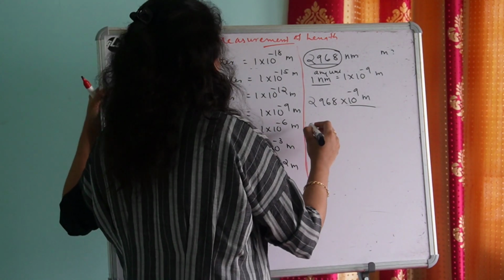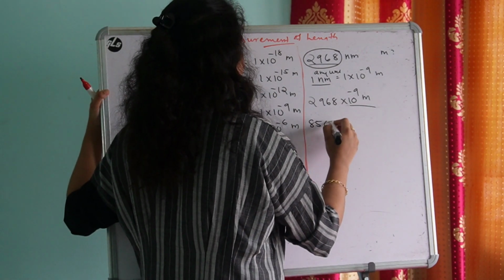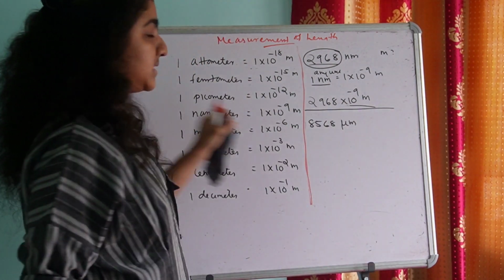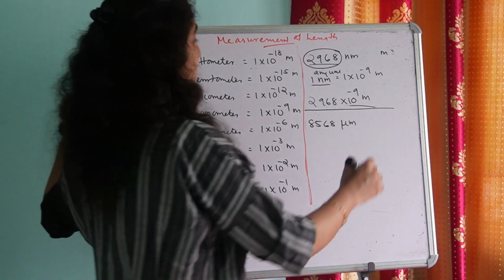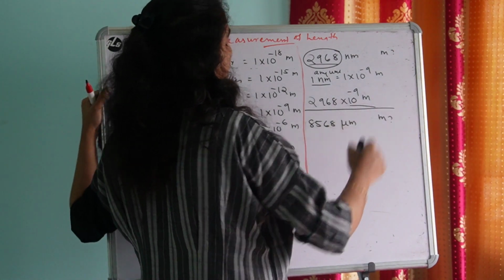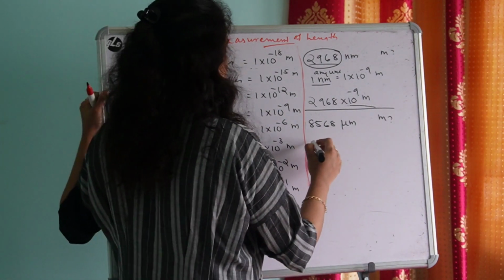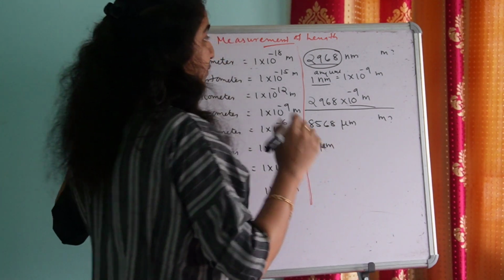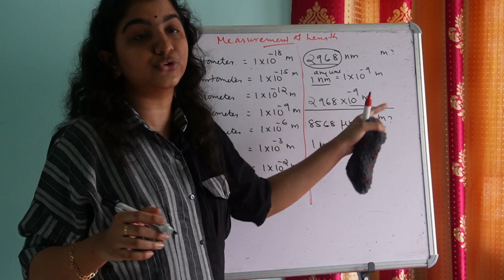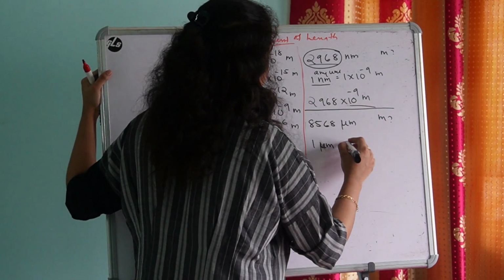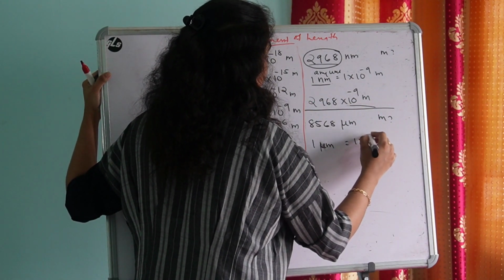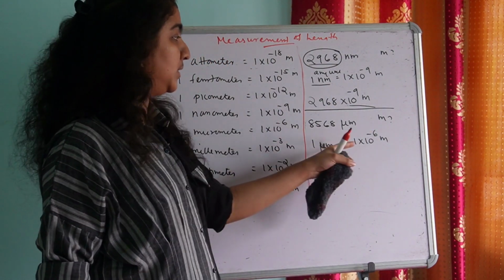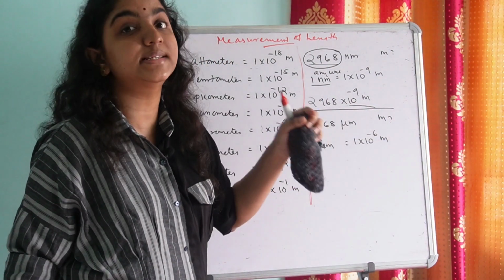Suppose you are given 8568 micrometer, and you are asked to find the value in meter. First you should know the relationship connecting those two units. It is a must. We know 1 micrometer is equal to 1 into 10 power minus 6 meter.